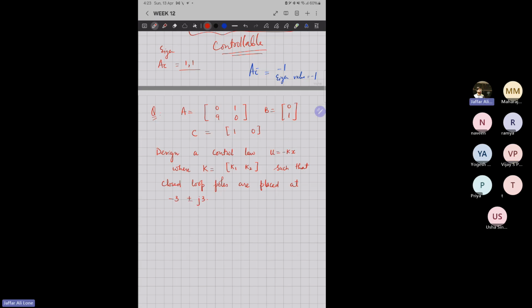This is one question. And after that, the observer design question, we'll see after this. So first, let's see this question.